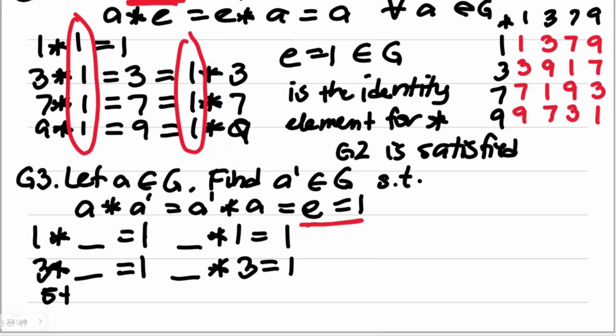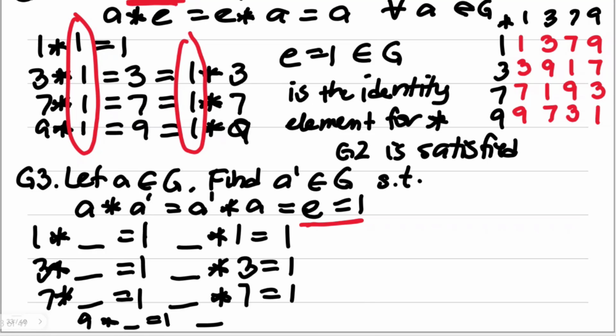So we have here 7 star blank must be 1, or blank star 7 must be 1. And finally 9 star blank must be 1 as well, or blank star 9 must be 1. Now take note here that the inverses may be unique for every element. The identity 1 is true for all, but the inverses are true for a specific item.